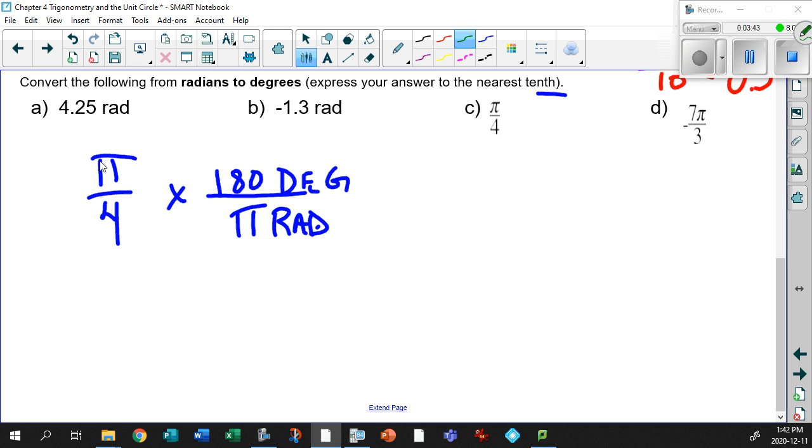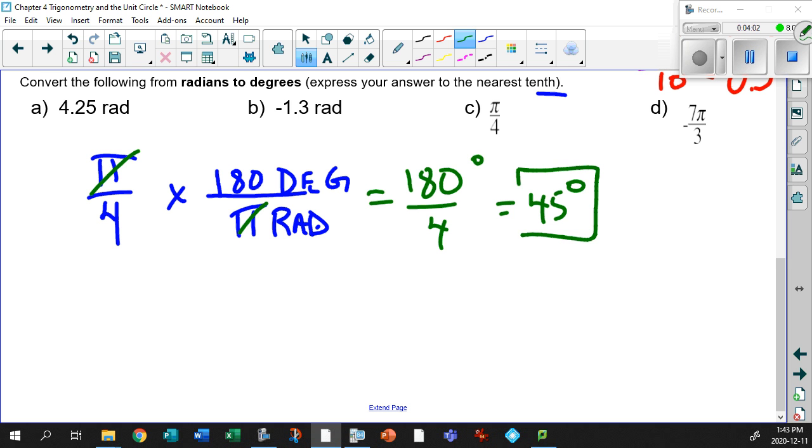This works out so pretty, doesn't it? Watch this. Pi's and pi's cancel. Leaving you 180 over 4 degrees. Well, wait a second. 180 divided by 4 works out to be 45. You mean that pi over 4 is 45 degrees? Yes, it is.